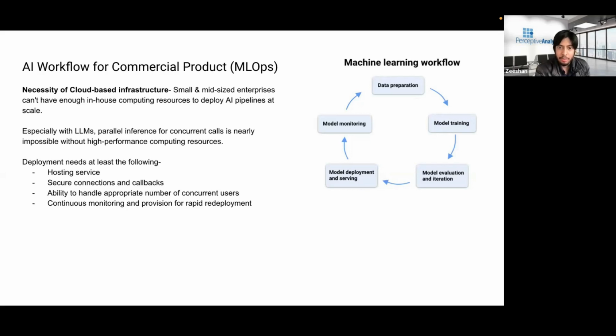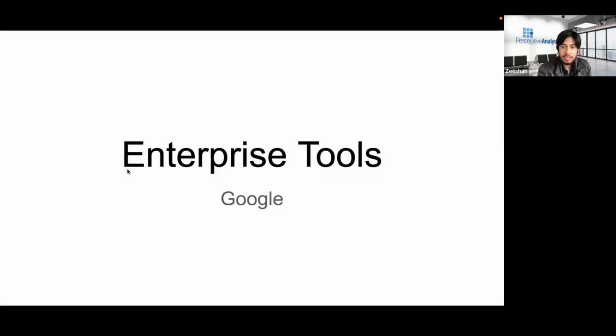So for this side of things, businesses generally prefer cloud-based solutions, regardless of where the actual research happened. That was an overview of how these AI products live and how they are built.